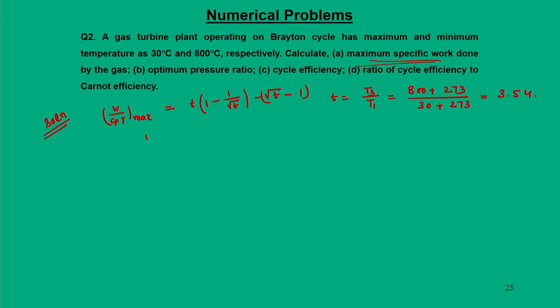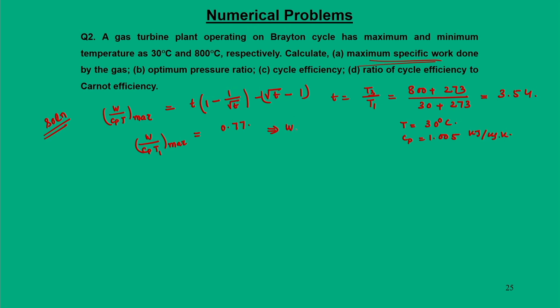So, from this we can find out W by Cp T1 maximum is 0.77. If you put Cp and T as absolute values, T1 is 30 degrees centigrade, and Cp would be 1.005 kilojoule per kg Kelvin for air.